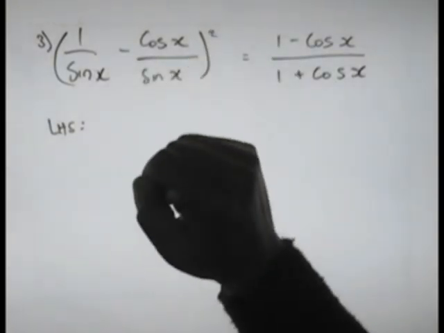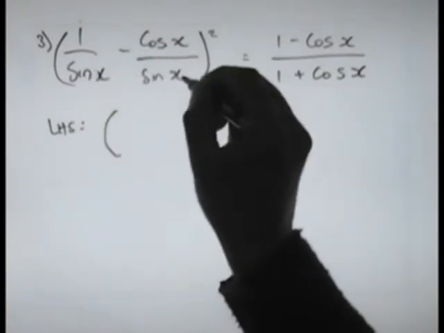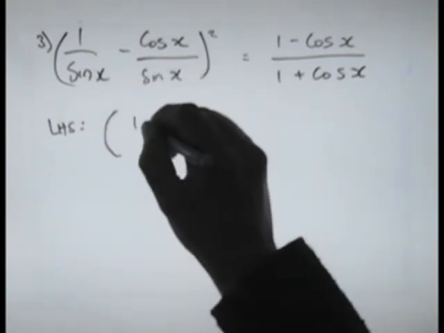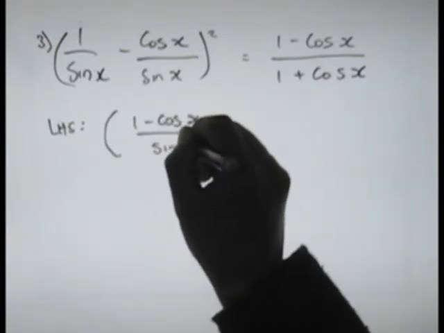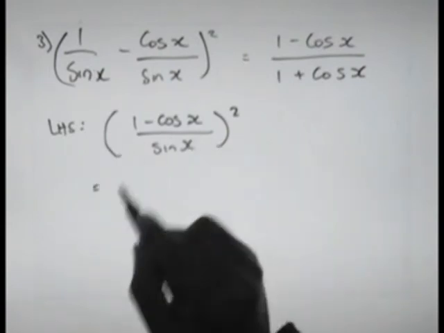Let's not square it at first. We're still going to keep it squared, but we've got a common denominator of sine x. So can't that become 1 minus cos x all over sine x, squared? Now we can square it.